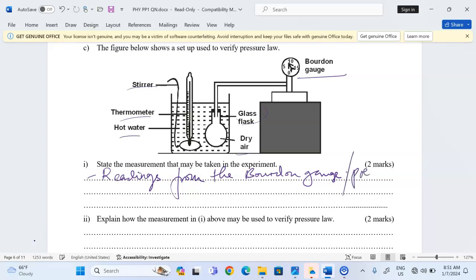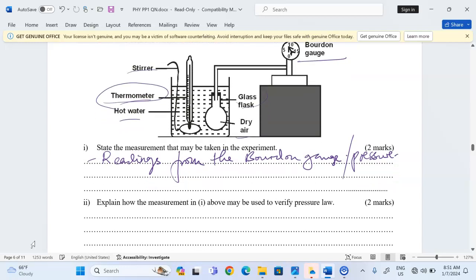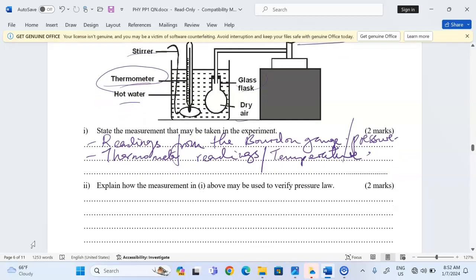This is simply the pressure, and because it is a pressure law which relates pressure and temperature, definitely the other reading is thermometer readings, which in simpler terms means the temperature. So the temperature must be recorded.